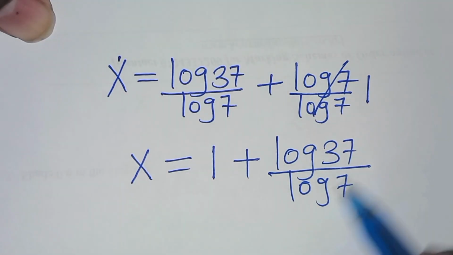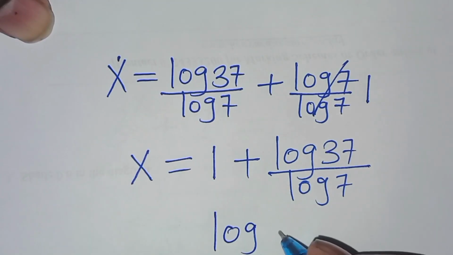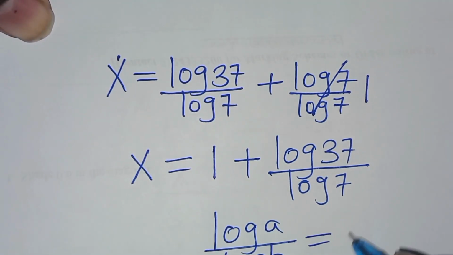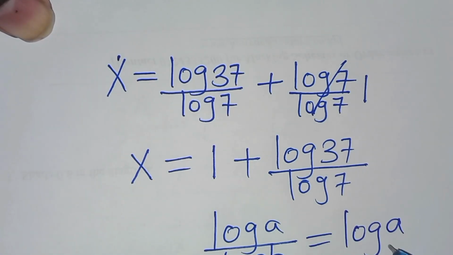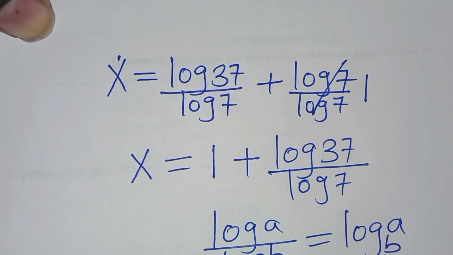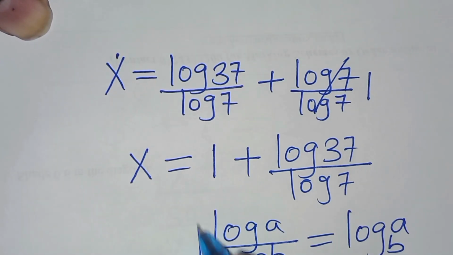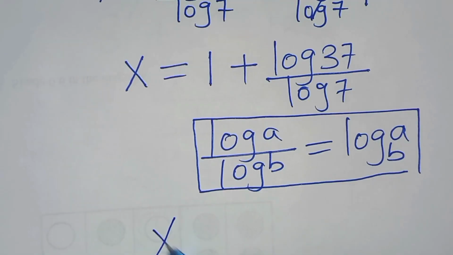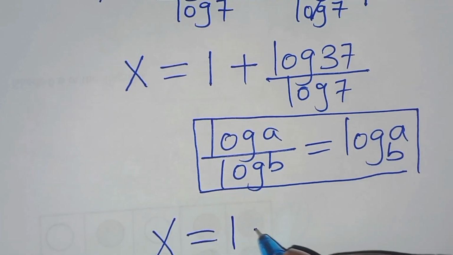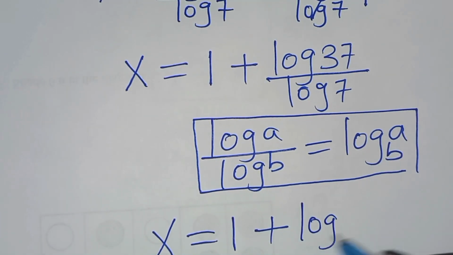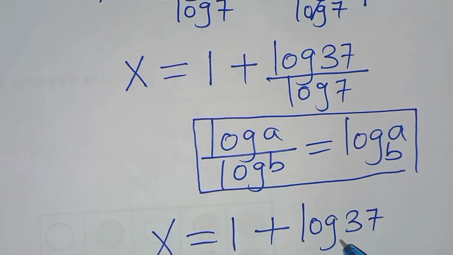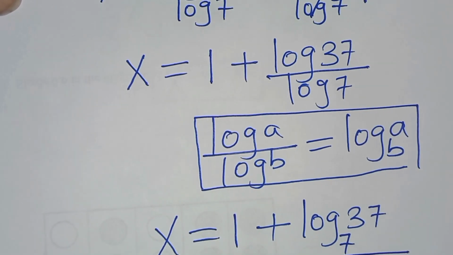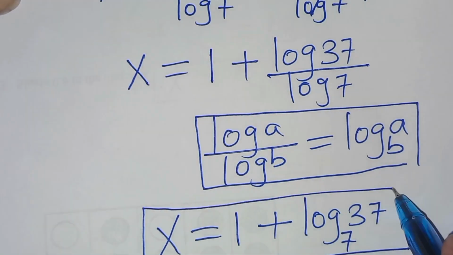Now, this is in the form of log a divided by log b, which you can express as log a to base b. Applying this property, x is equal to 1 plus log 37 to base 7. So this is the value of x.